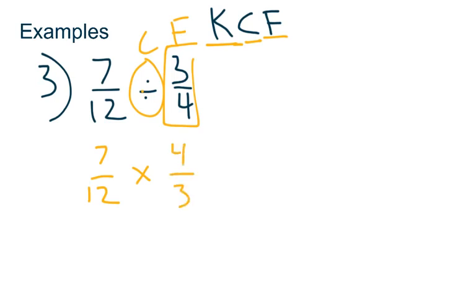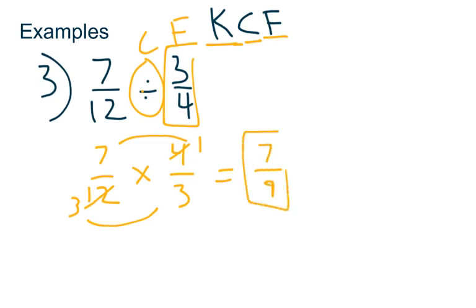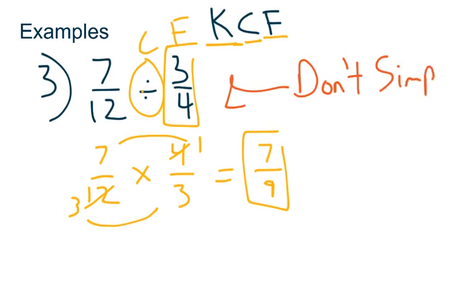Now we have a multiplication problem, and we just reduce if at all possible. Here I can take out a 4 to get 1 and 3, then multiply my numerators and denominators together to get 7/9. Now the thing you're going to have to resist the urge to do is simplify before you do keep, change, flip.